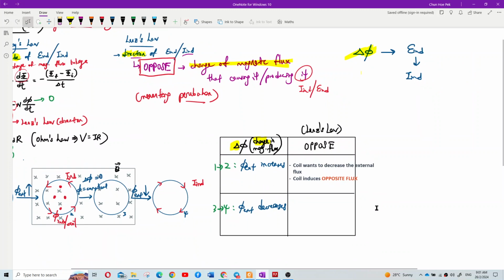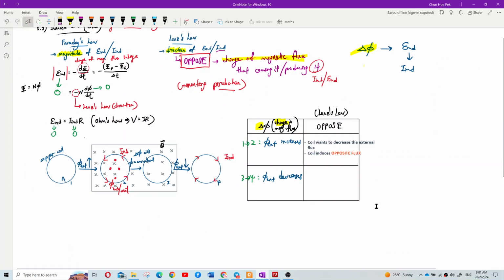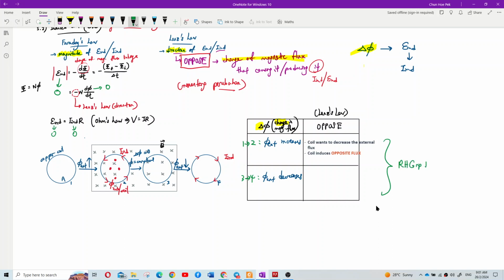Now use your right hand grip rule. Masih ingat tak apa right hand grip rule?